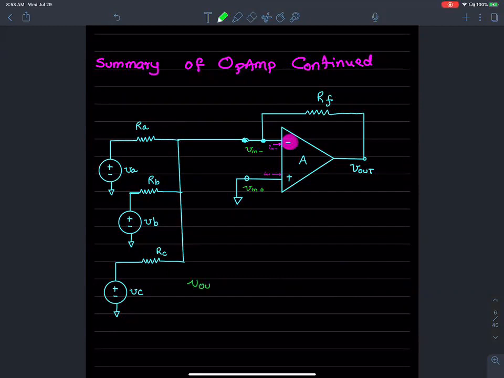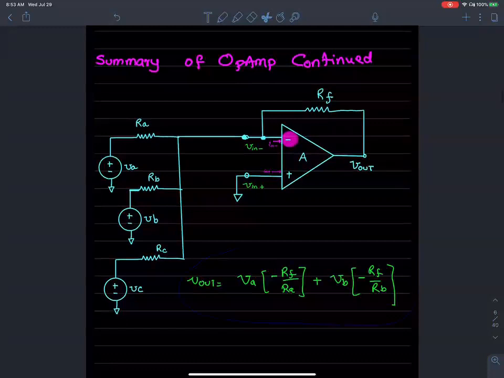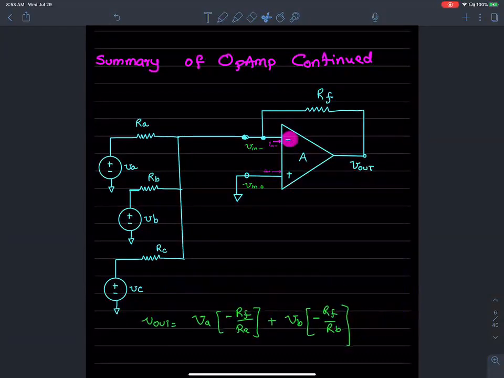V output is going to be VA multiplied by the same factor, negative RF over RA, plus VB multiplied by negative RF over RB, plus VC multiplied by negative RF over RC.